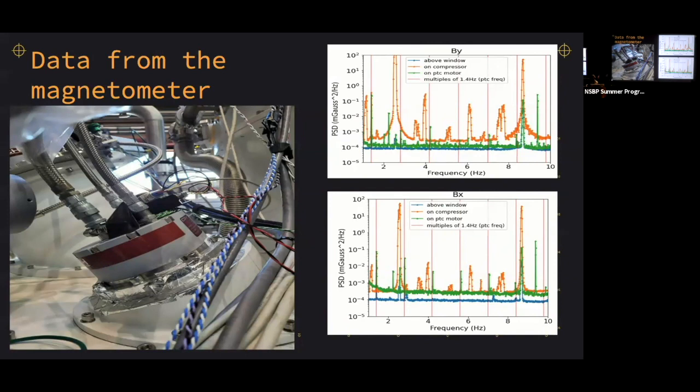You can see the peaks on the PTC motor and the multiples of 1.4 hertz perfectly align. So we came to the conclusion that this is magnetic pickup from the motor.